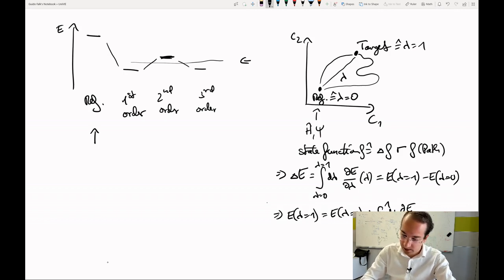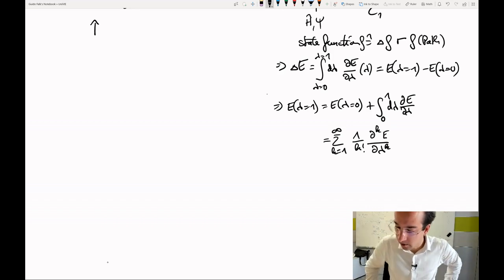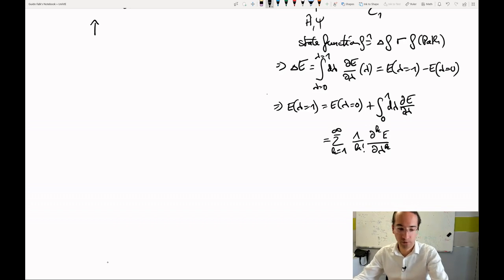And this can be expressed as the Taylor expansion going from order k is 1 to infinity of 1 over k factorial times the kth derivative of the energy. Now, this is not strictly proven. I mean, for all practical purposes, you can do that. It has some assumptions, some requirements to it, and we will talk about them in just a bit.